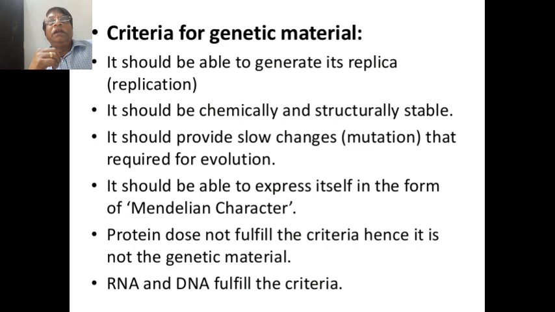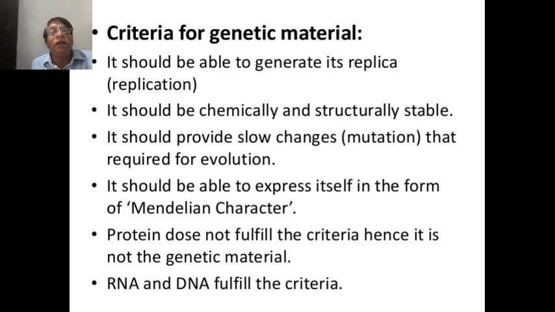There are chemicals like proteins, carbohydrates, DNA, RNA, etc. What are the criteria to behave as genetic material? It's important for 2 marks only. Criteria for genetic material. First point, see.